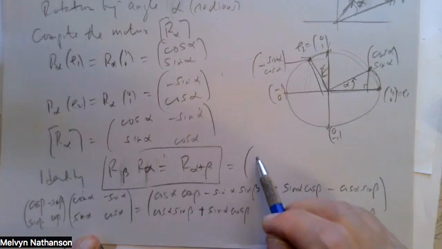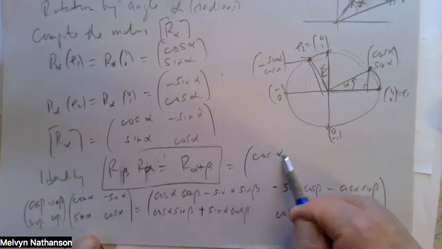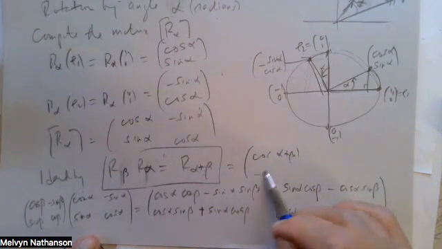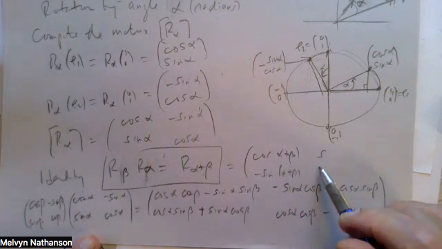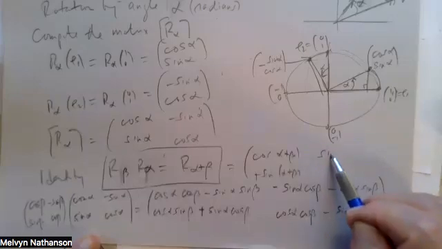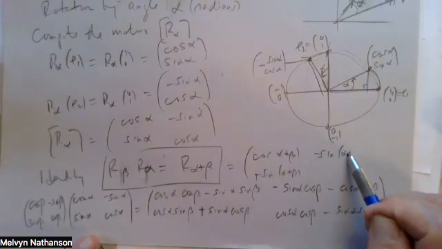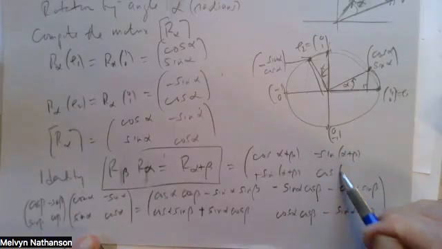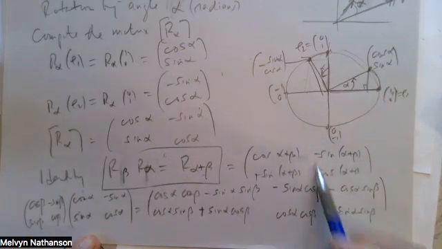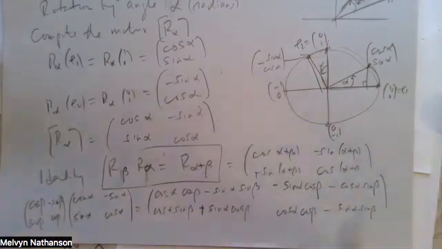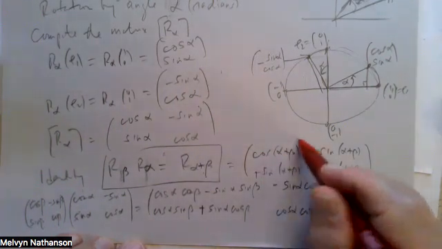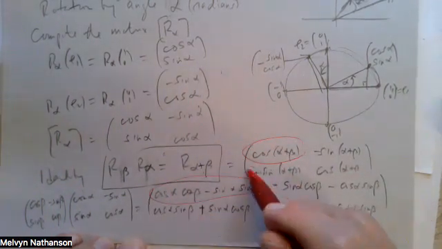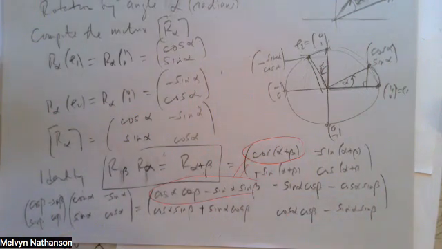The matrix for this is the cosine of alpha plus beta, minus the sine of alpha plus beta, plus the sine of alpha plus beta, cosine of alpha plus beta. And when you compare these two matrices, this coordinate is equal to this. That's the addition theorem for the cosine.